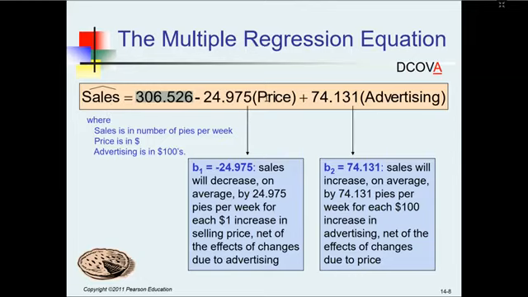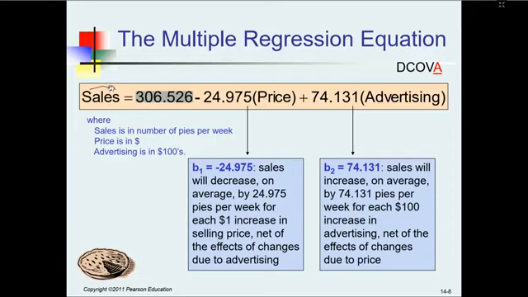Price is inversely related to sales because of the negative in front of the 24.975, which is true in practice. When you increase price, sales is likely to decrease.